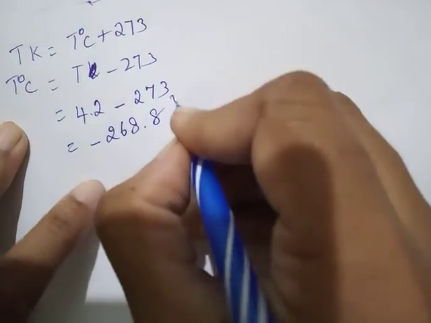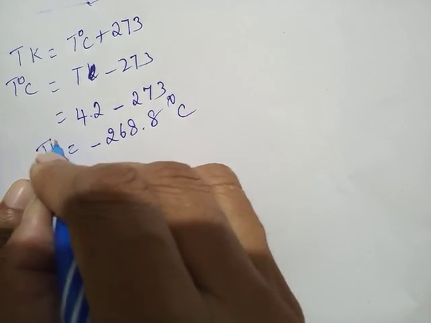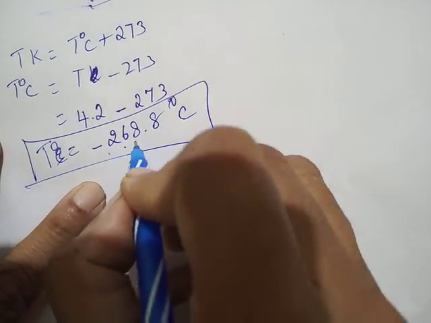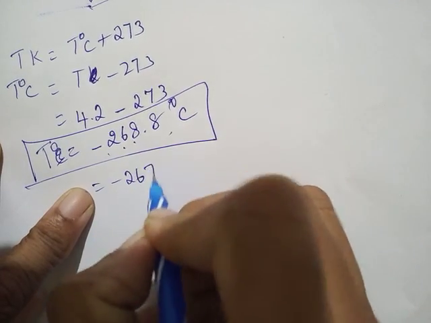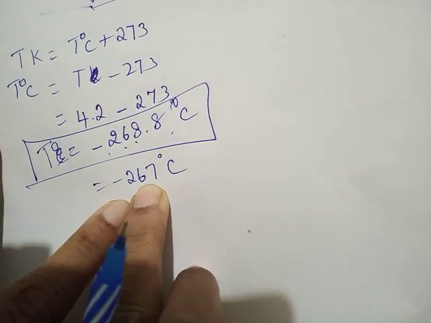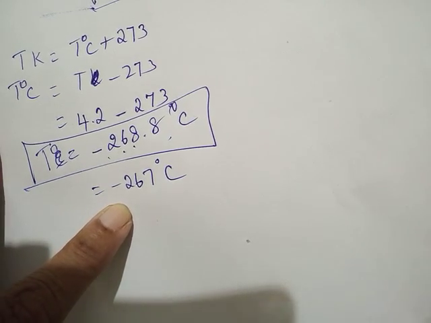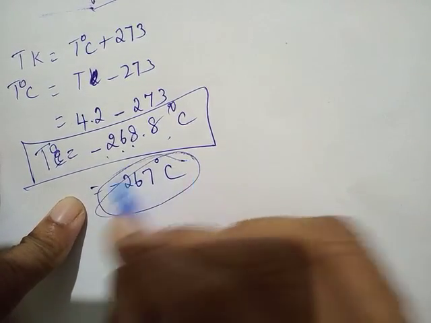See the temperature. If you can maintain a temperature of minus 268.8 degrees Celsius, which is very difficult to maintain, only in some lab under some special condition you can maintain. If only we can achieve this, then that's a great achievement.